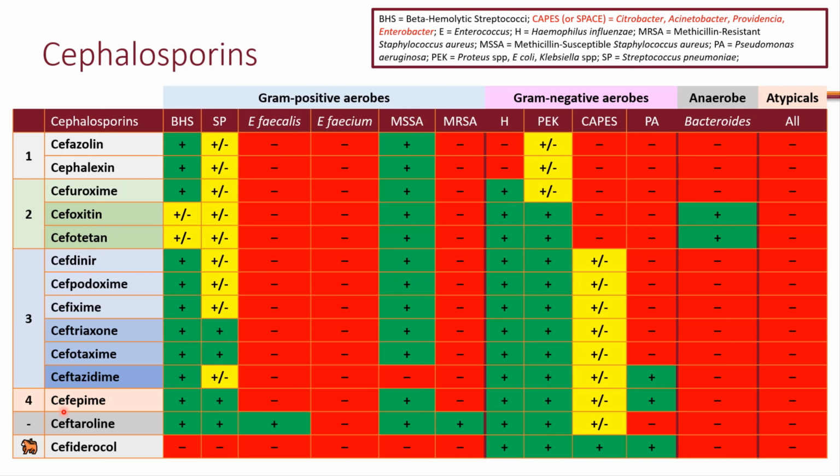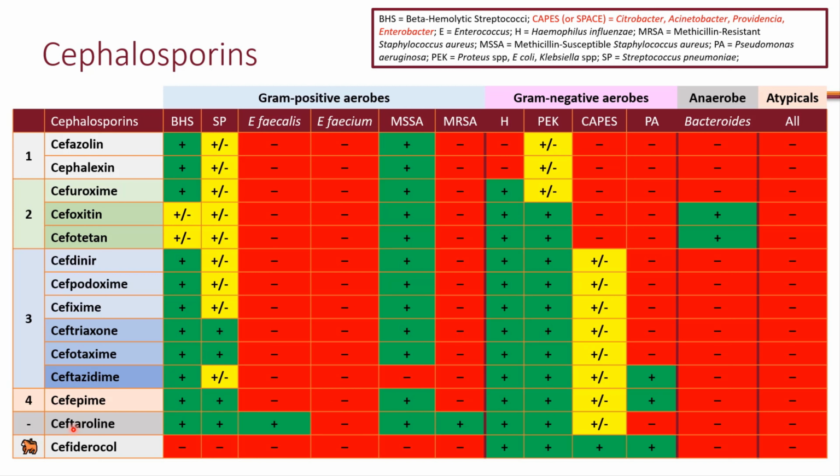When it comes to fourth generation, cefepime is the only fourth generation we have, and the unique thing about it is excellent Pseudomonas activity, and it also has good gram-positive activity, so beta-hemolytic, strep pneumo, and MSSA.